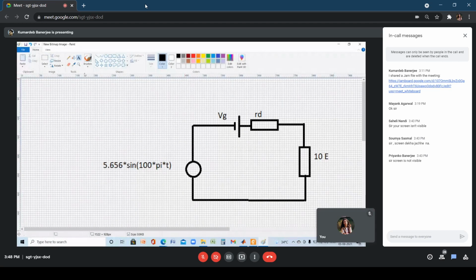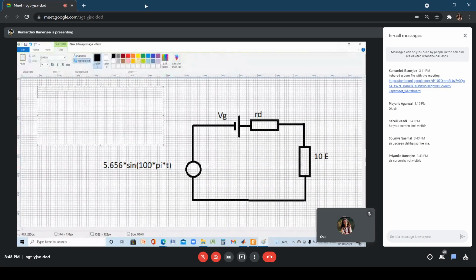So what is my equation? What is the KVL equation? If I write this as VI, this is the VI. The KVL equation is VI is equal to V gamma plus (RD plus 10 ohm) into I. Is it clear, class?